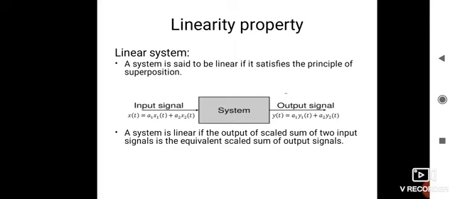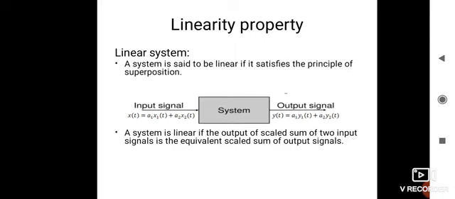because in the figure the input signal is x(t) equal to a1 x1(t) plus a2 x2(t). So here I am taking two signals x1(t) and x2(t). x1(t) is multiplied with a scaling factor a1 and x2(t) is multiplied with a scaling factor a2. Then they are added and the whole signal acts as the input signal to the system.